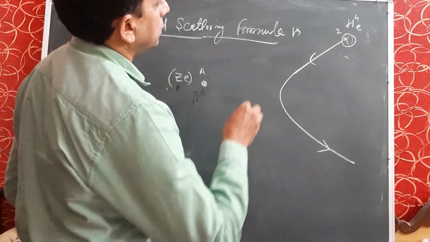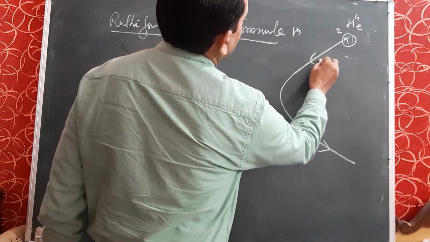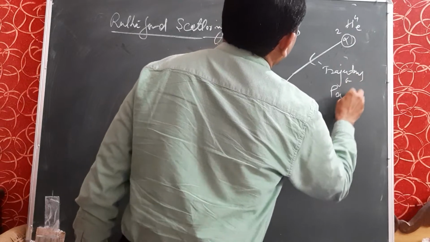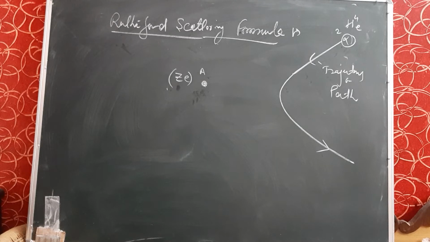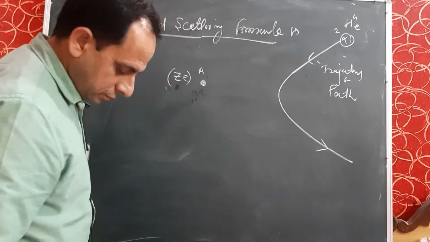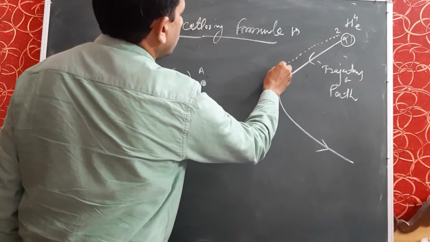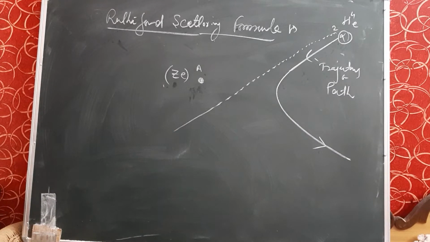Now, we have to find what path is followed by the alpha particle. This is called the trajectory, or path followed by the alpha particle during the interaction with the heavy nucleus. And second, we draw the asymptotes. What are asymptotes? Asymptotes are basically lines which meet at infinity.